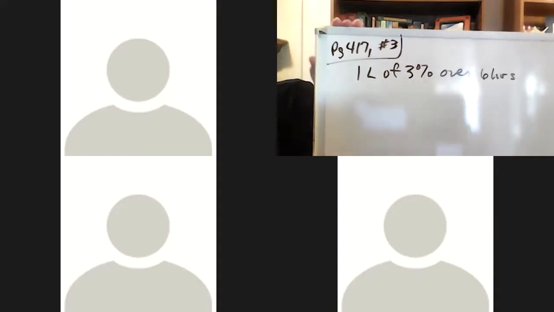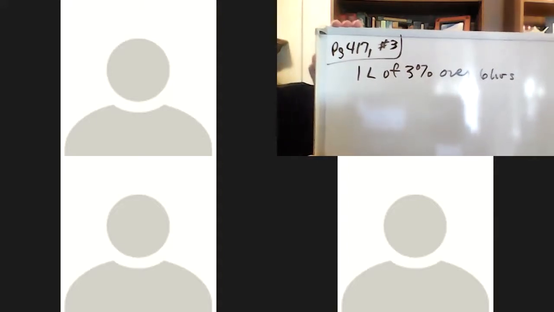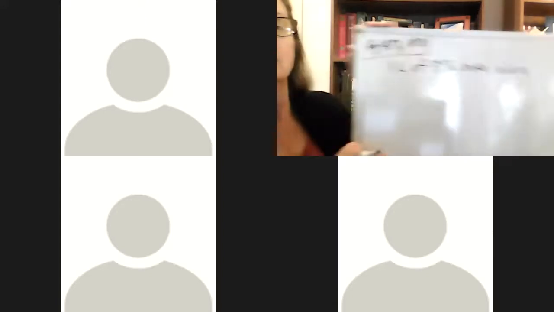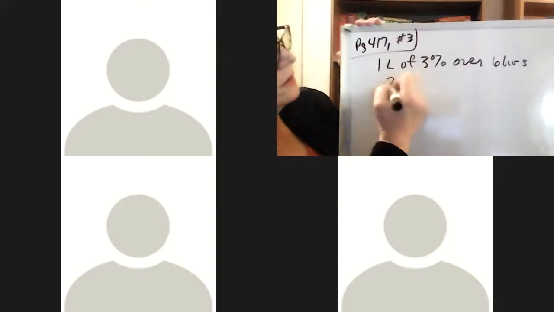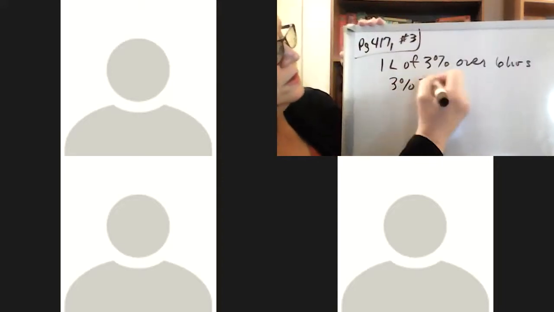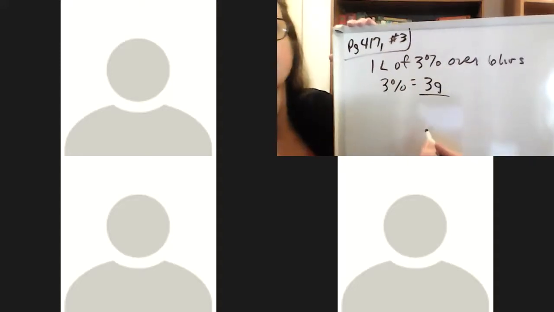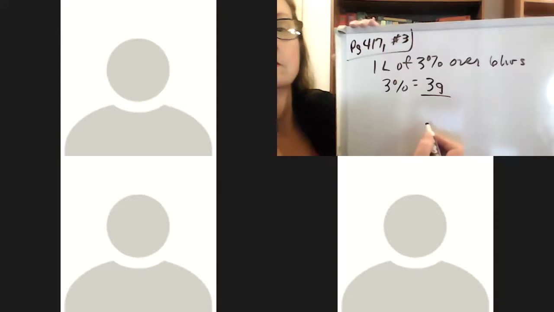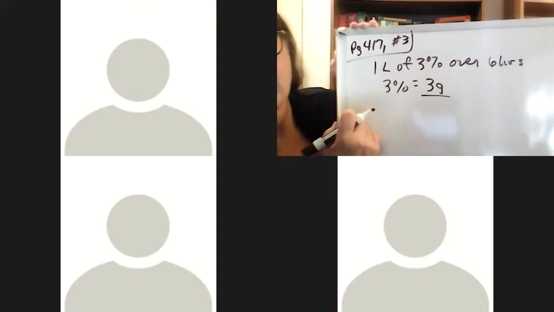If the complete bag of fluids is administered, how many grams of dextrose will the patient receive? Okay, so again, let's go back to the 3%. What does 3% mean? 3 grams in what? Okay. In 1 liter?